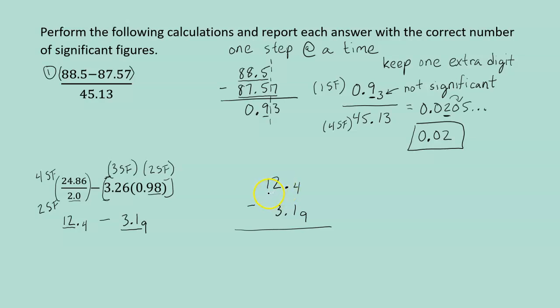The top number only has 2 digits of significance out to the 2, and so that's the ones place. Our second number goes out to the tenths place of significance. The farthest to the left of those two options is the ones place. So my final answer needs to be rounded to the ones place.